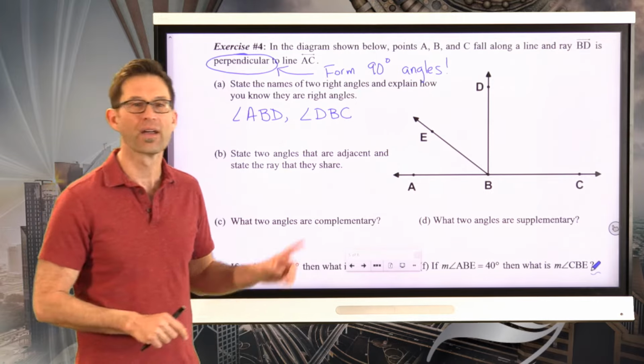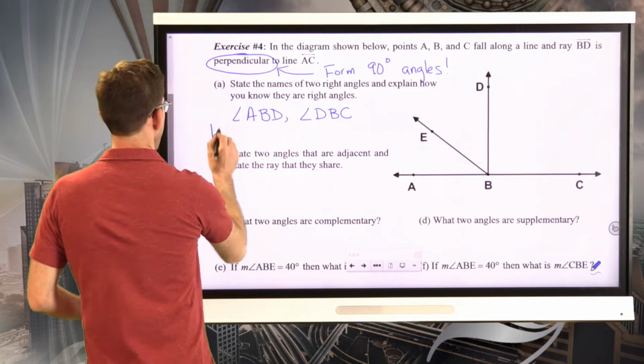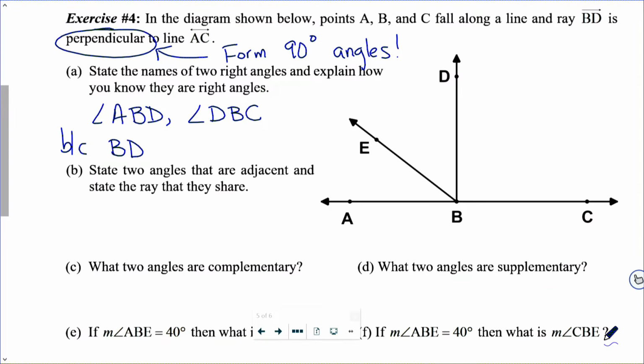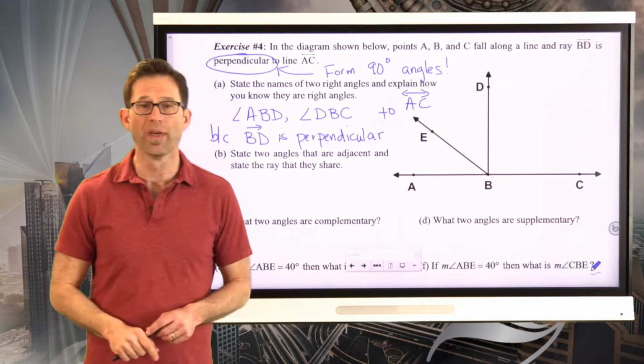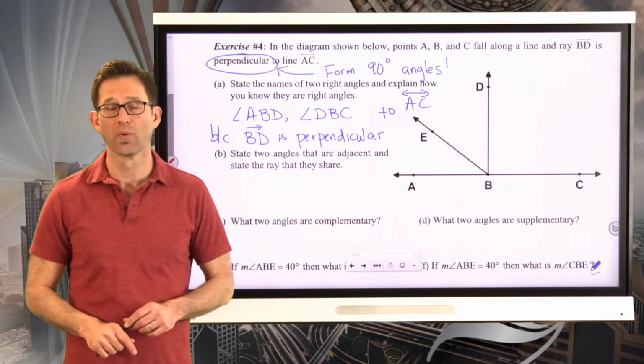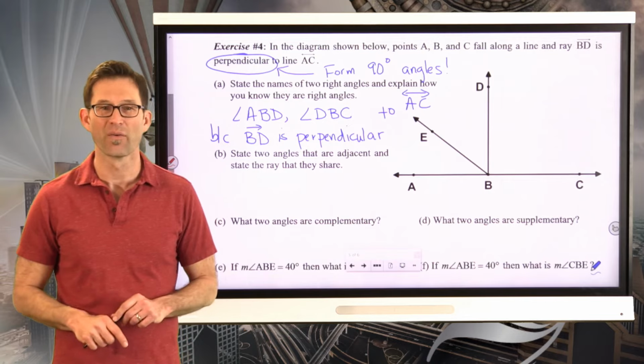But we know they're right angles because BD is perpendicular to AC. And let me replace that red with a little blue. All right, yeah. So in other words, because we're told that we've got a ray that's perpendicular to a line, we know we've got right angles.